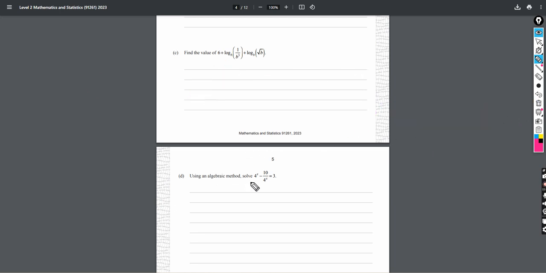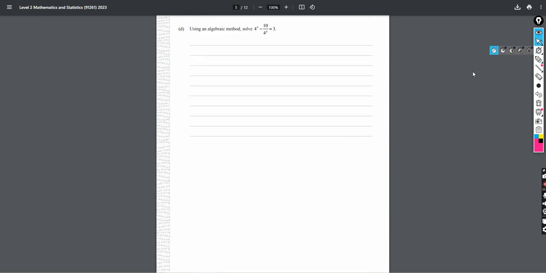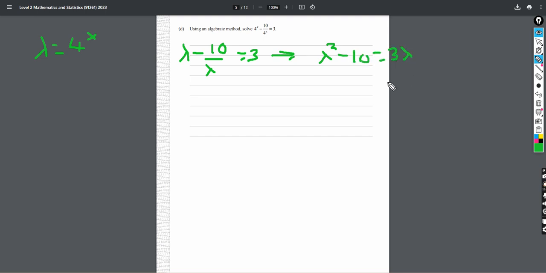Using an algebraic method, solve 4 to the x. Is this the excellence question? Oh, this is kind of them. Okay, if you don't know what to do here, you're screwed. But if you've seen this before, it's the world's easiest question. Let lambda equal 4 to the power of x, okay? Which means that lambda minus 10 on lambda equals 3, which means that lambda squared minus 10 equals 3 lambda.